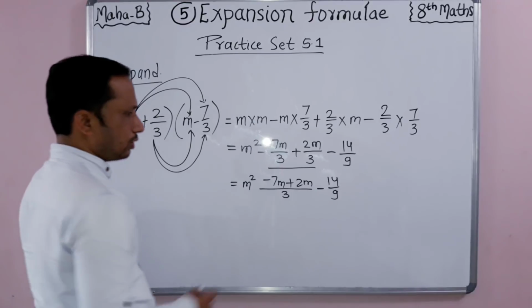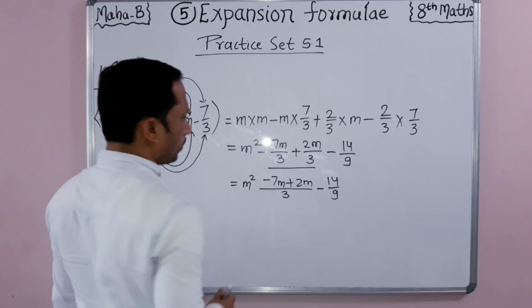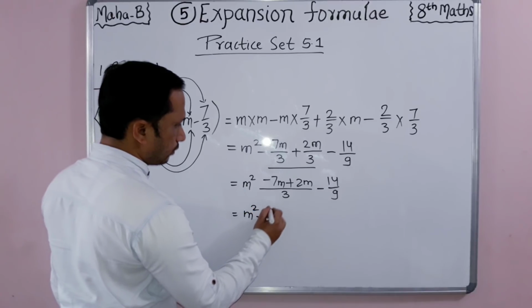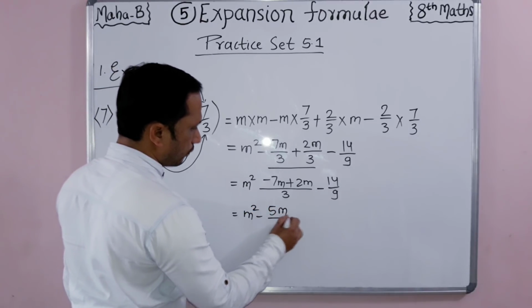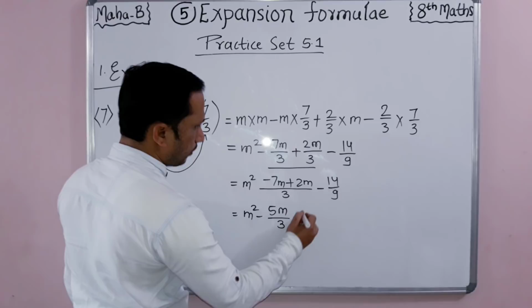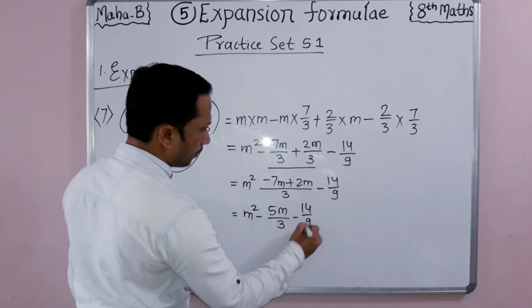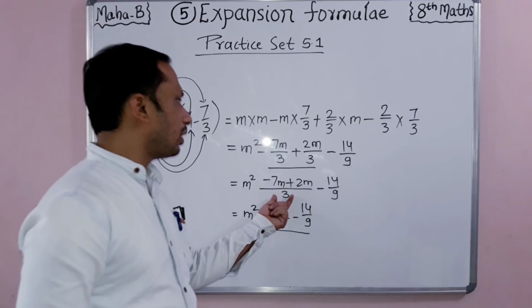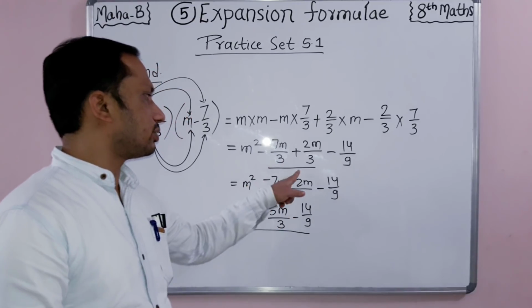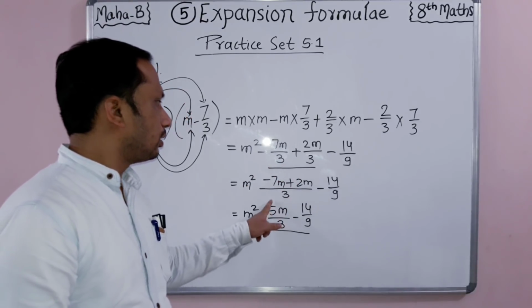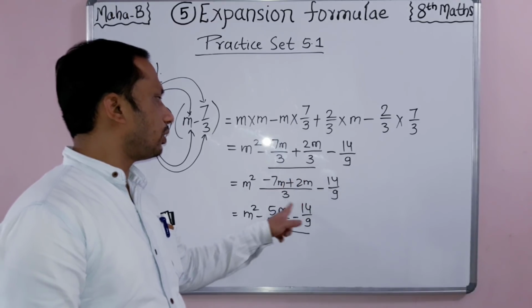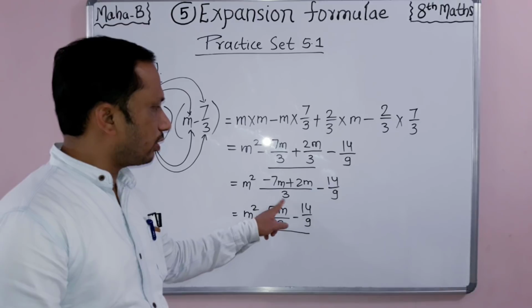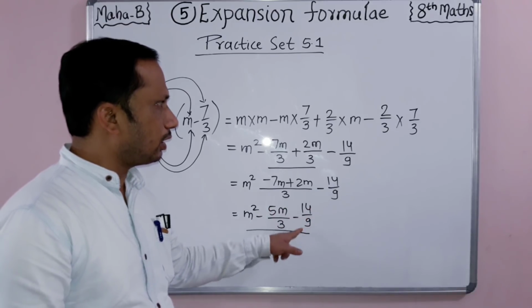So minus 7m and plus 2m will be minus 5m upon 3 and minus 14 upon 9. Whenever the denominator is same, you write that once and do the addition of the above numerators. So minus 7m plus 2m is minus 5m. So m square minus 5m upon 3 minus 14 by 9.